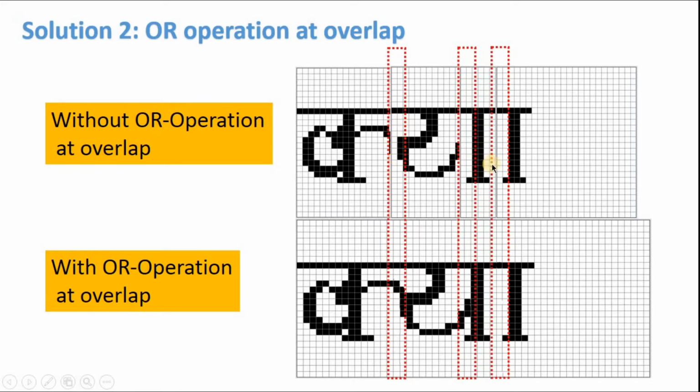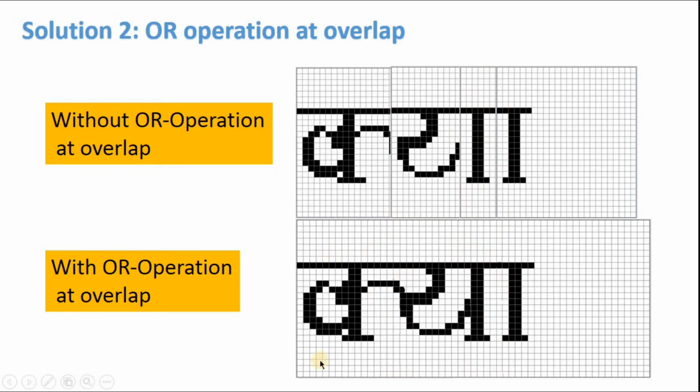Here there are overlap between two characters. We will do OR operation of these pixels and this pixel. If one of the pixel of two character is lighted, then in OR operation that will be lighted. Hence output will be like this, and this is what we are expecting.